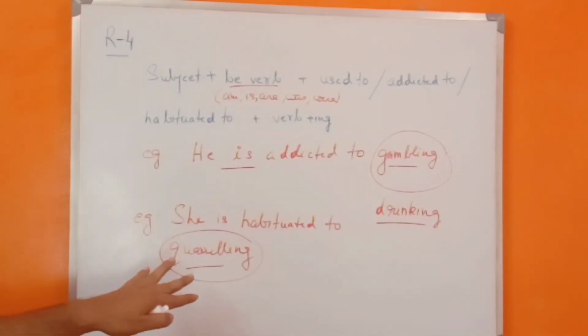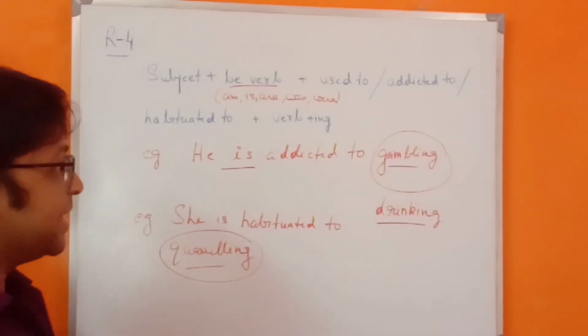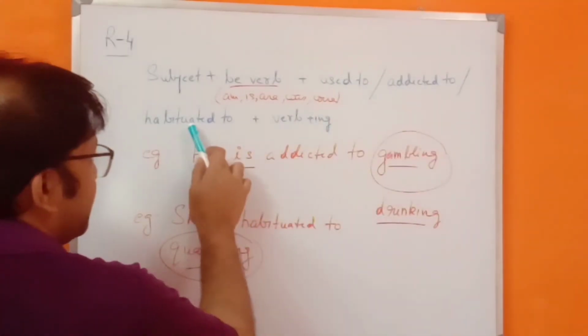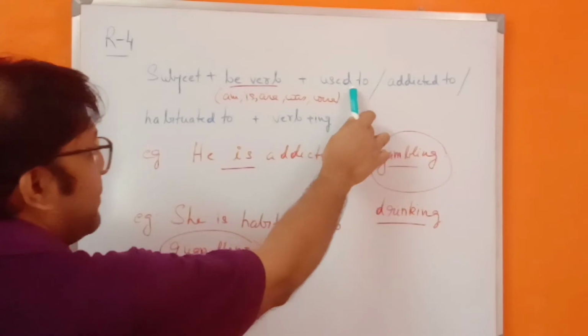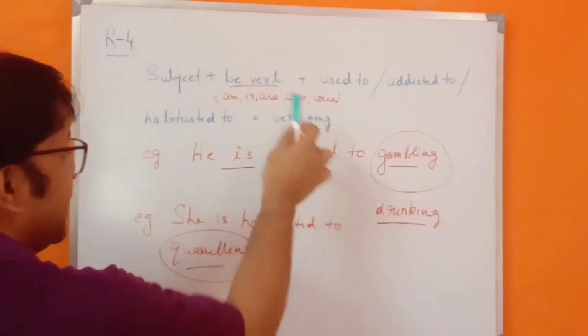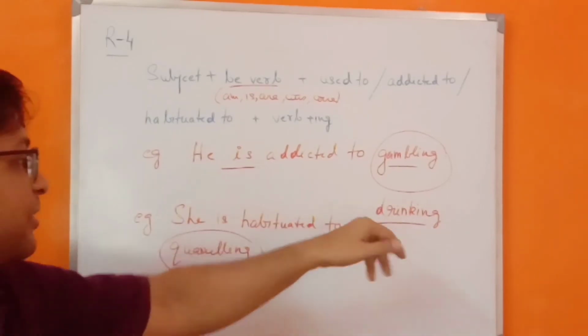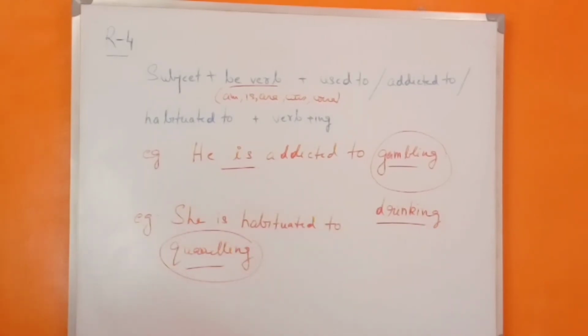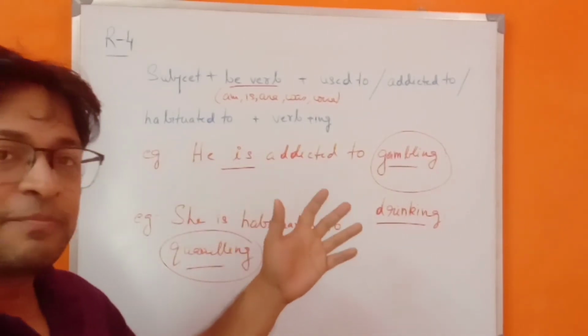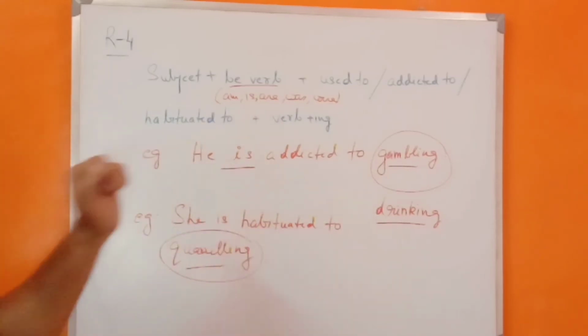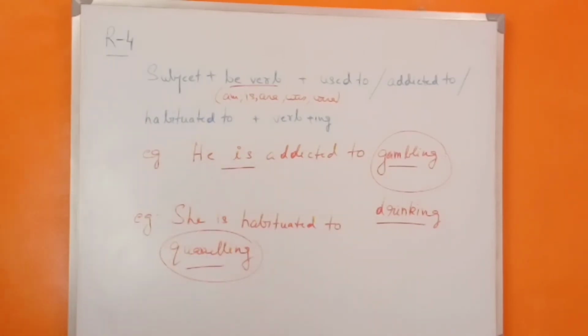We have to be very careful after these words: the subject, then be verb, and after using these words, then the gerund will be placed. So he is addicted to gambling, he is addicted to drinking, she is habituated to quarreling, he used to talking. So all these things are followed by the gerund. So you have to remember these things. So let's go for the next one.